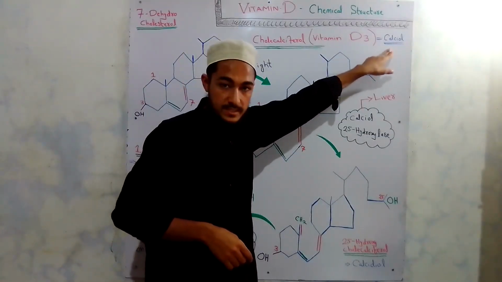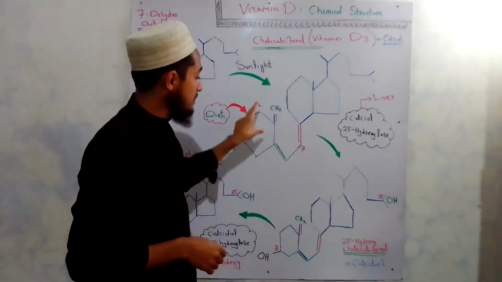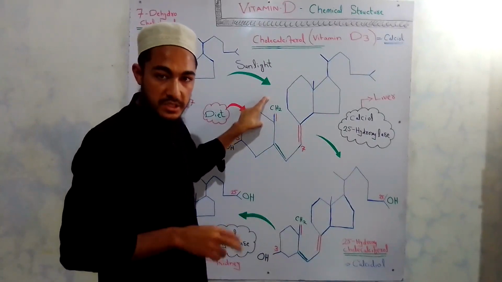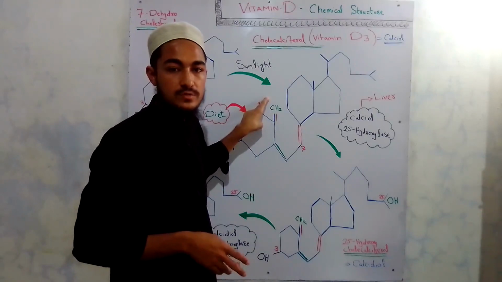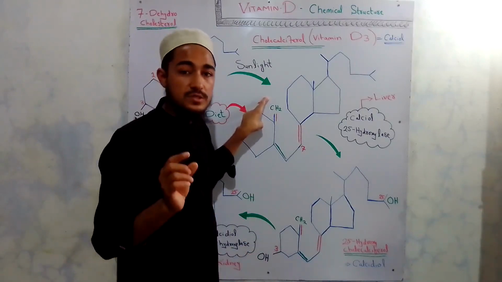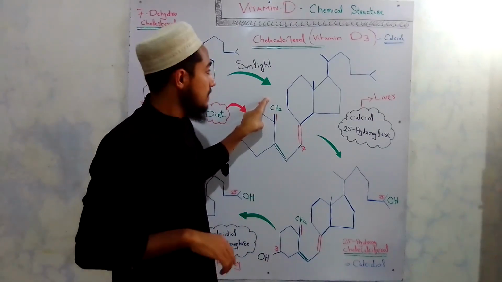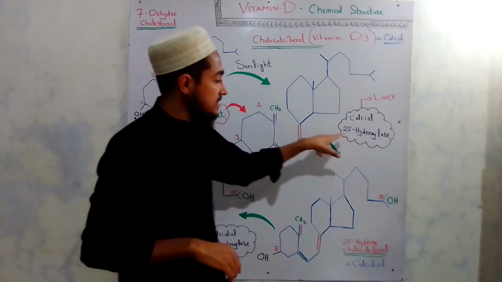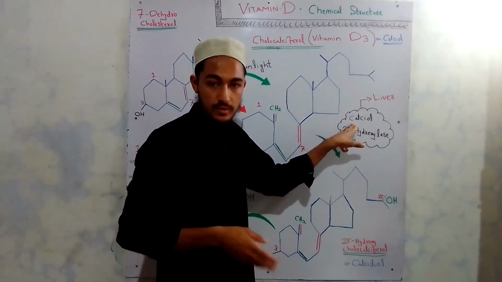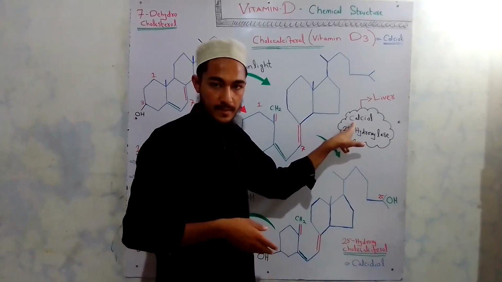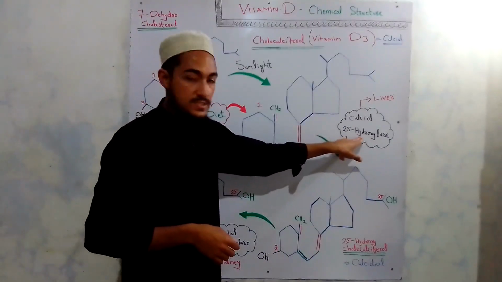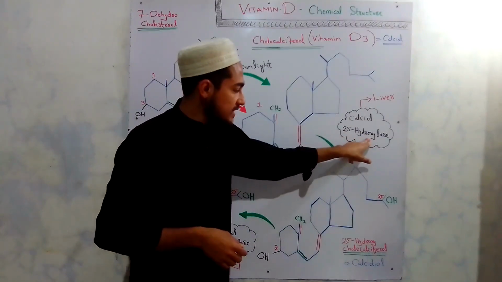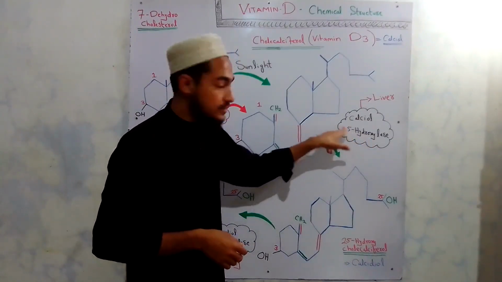Here, calciol. When this cholecalciferol reaches the liver hepatocyte cells, a hydroxylation reaction takes place on this compound by the enzyme calciol 25 hydroxylase, that is found in the liver hepatocytic cells. By the action of this 25 hydroxylase enzyme, a hydroxyl group is added at carbon number 25 to this compound.